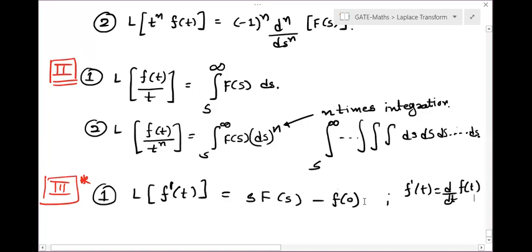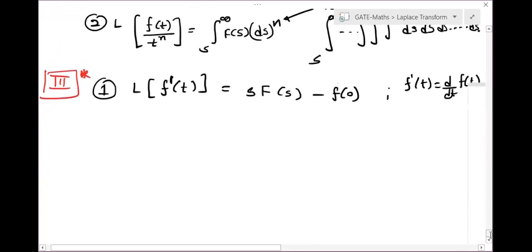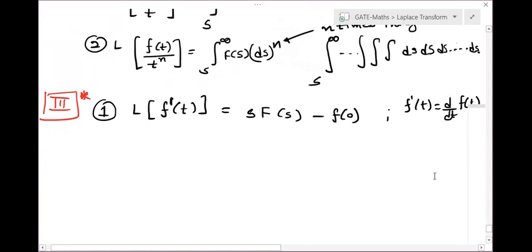Now similarly, if they give you this differentiation n times, now we have seen that this differentiation is only one time.